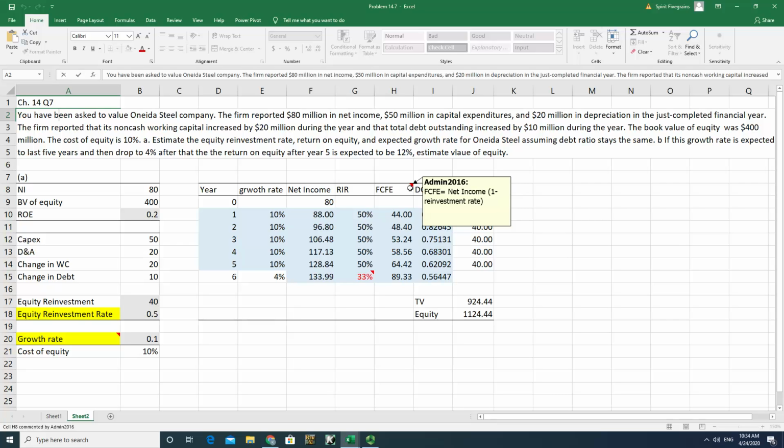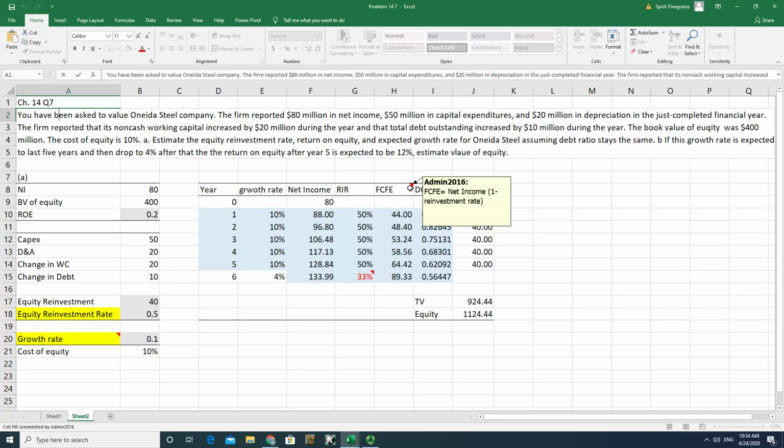So after all the equity reinvestment, including depreciation, amortization, and the change in working capital, we are getting the free cash flow to equity estimation. It's an alternative way to reach this FCFE. And the key point here is to get this reinvestment rate. That's why in question A, it asks you to estimate the reinvestment rate.